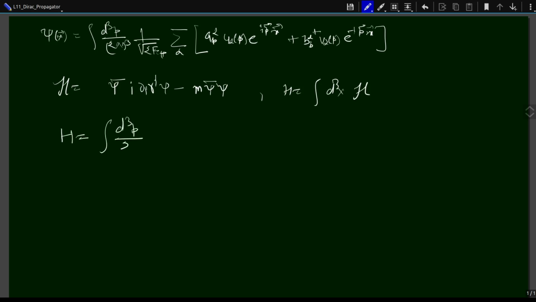d3p by 2 pi, 1 by square root of twice, I'm sorry, this is normal, now it is E_p, and perhaps the sum over alpha of a_p^alpha dagger a_p^alpha plus b_p^alpha dagger b_p^alpha, and plus a constant which was insignificant.